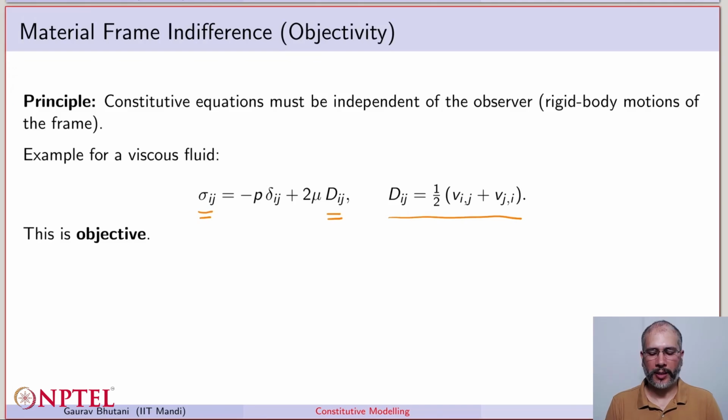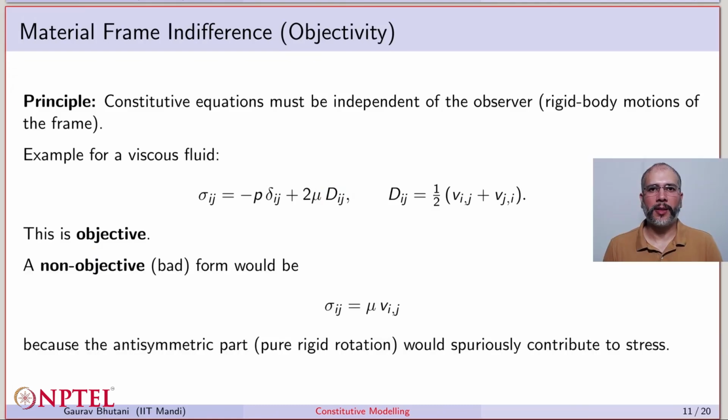So we say that the measure, that is the rate of deformation d, is an objective tensor. On the other hand, if one was to naively propose sigma as a function of the velocity gradient tensor, that choice would be non-objective, and that's a bad choice.